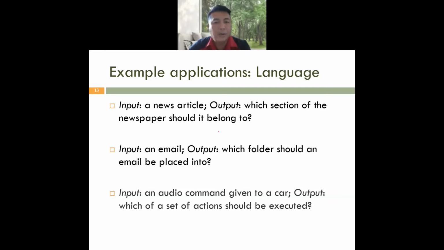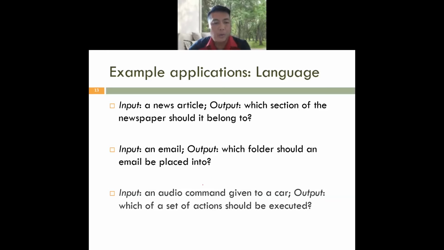For email also, we could assign messages to different classes depending on the content of the email. So we could create a few folders that represent the topics of the email that you have.